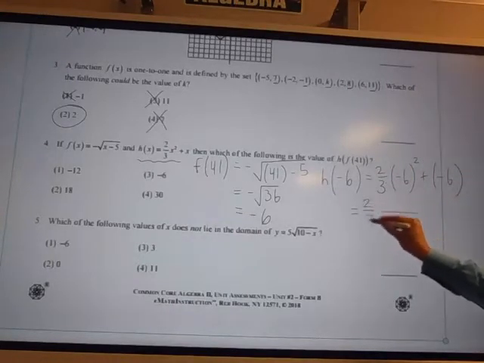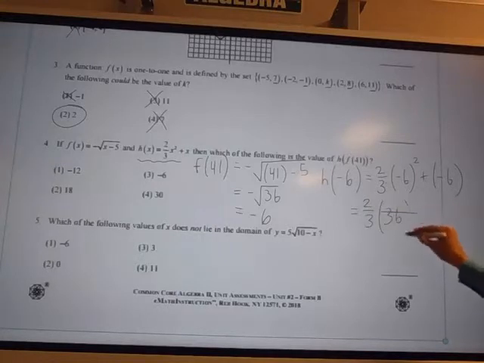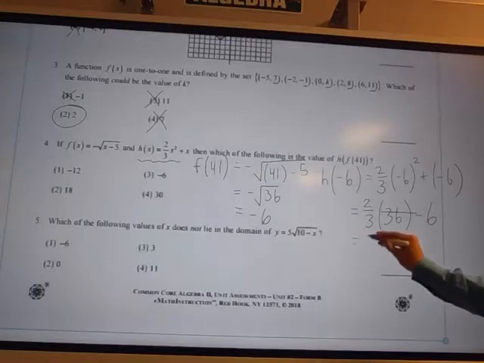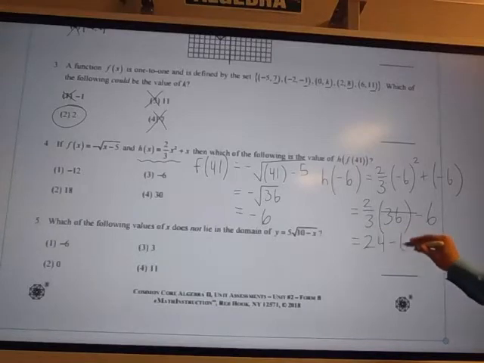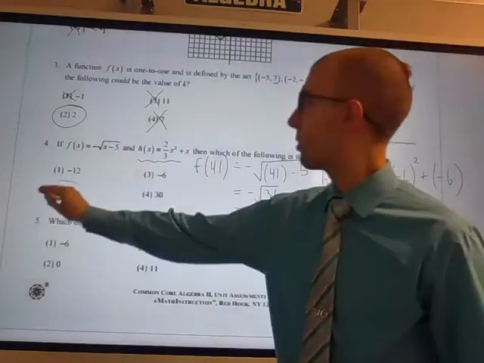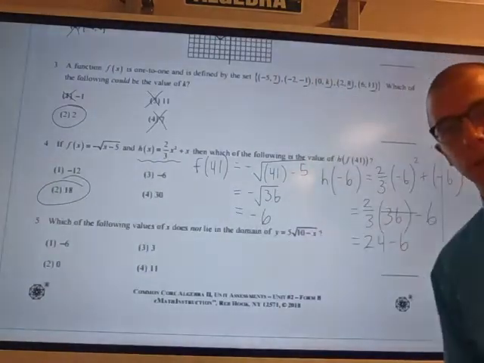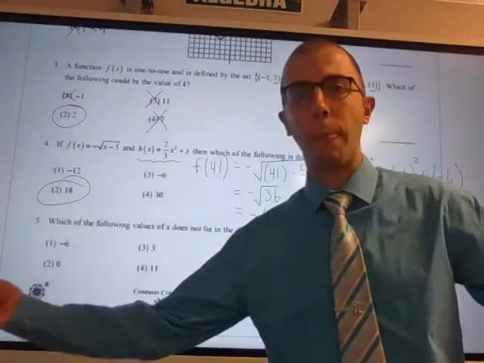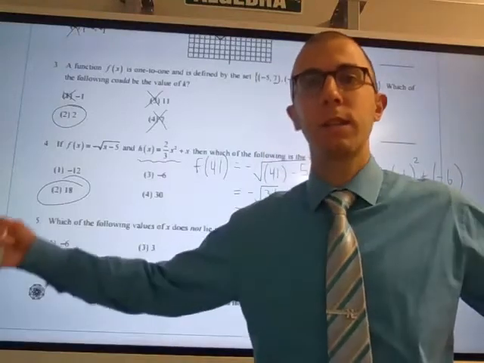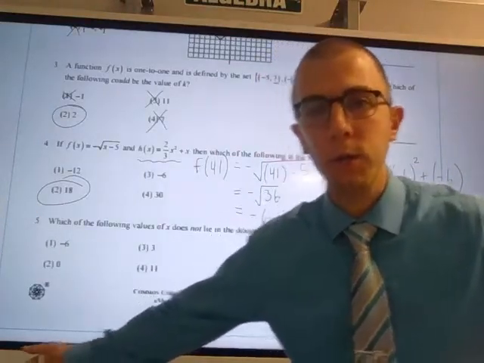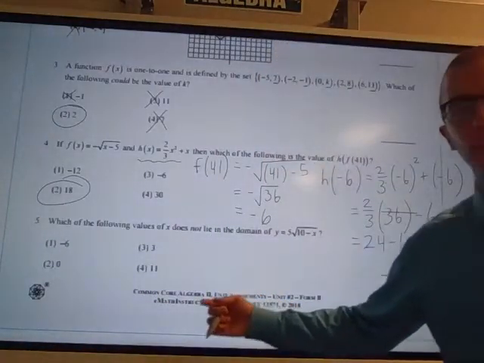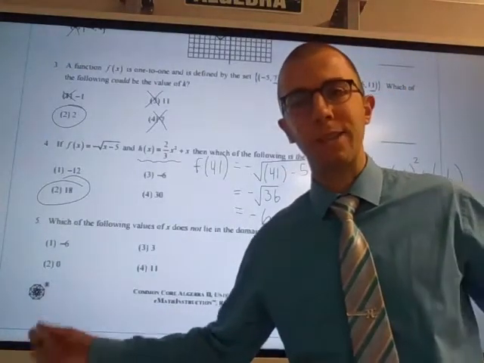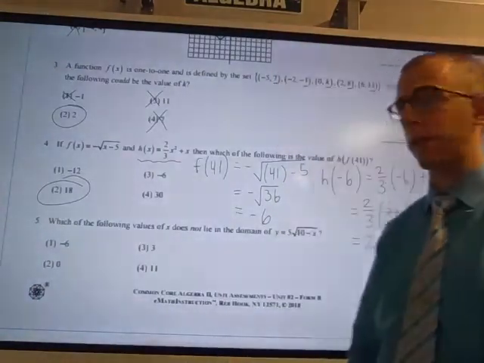So we have 2/3 times 36 minus 6, which gives us 24 minus 6, which would be choice 2. 18. That's our final output. So that's our value of h of f of 41. That's the value of that composition of functions.